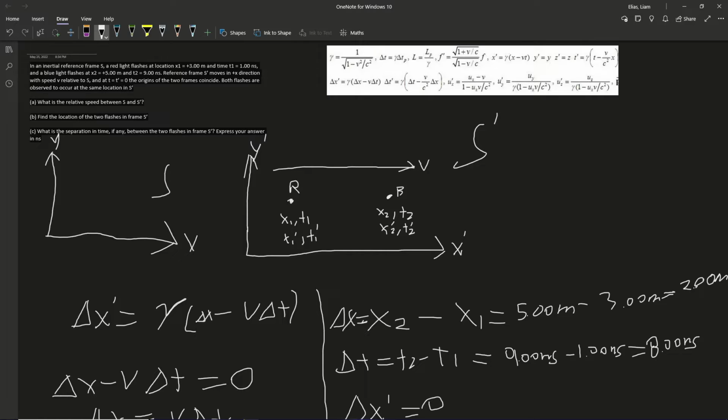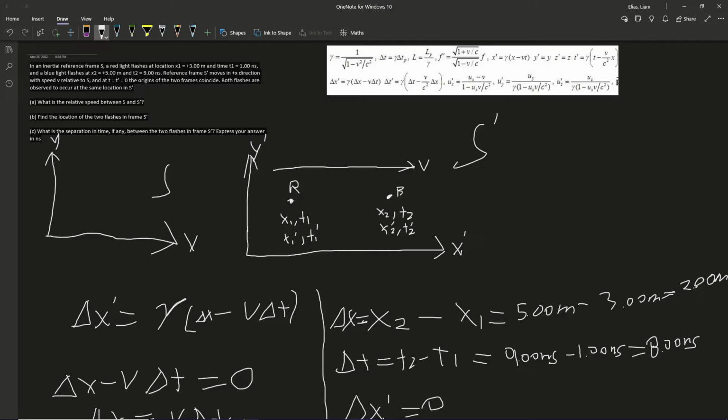Sorry, I guess the best way to explain it is, in this you're dealing with two events, and there's a difference in their location and a difference in their time. Here you would be dealing with a single event. Although we're dealing with two events, we can treat it like a single event because they both happen in the same place, and we're only looking for that one location.